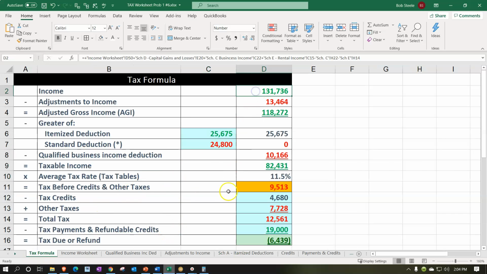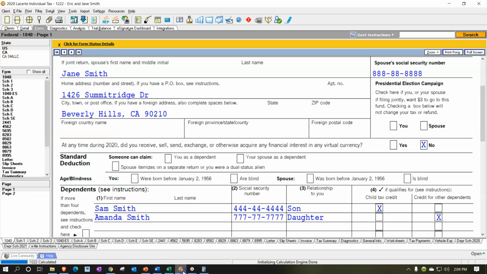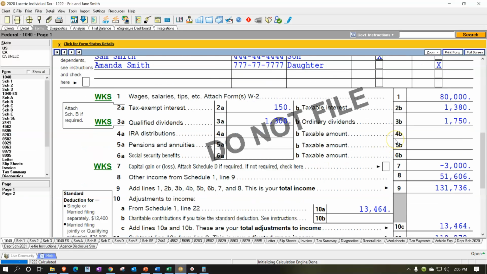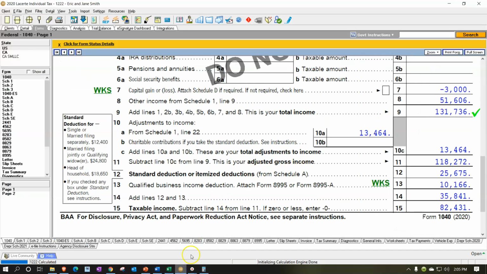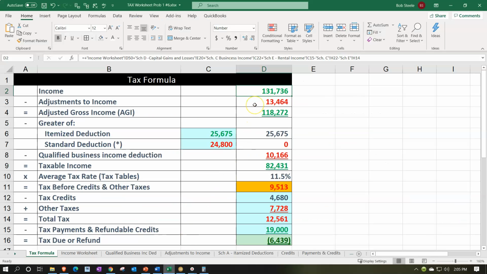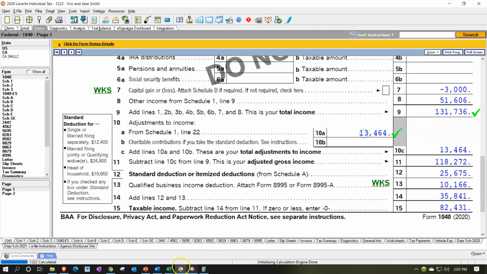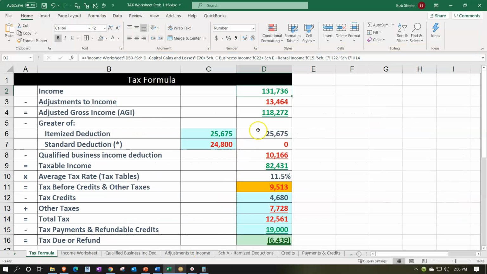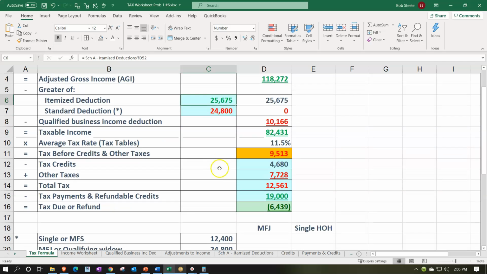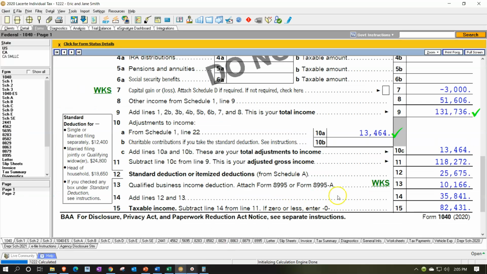We got the income, 131,736. So that's going to be tied in here, and that's total income, 131,736. We have then the 13,464 for the above the line deductions. We then have the 25,675 for the itemized deductions. That's where the change happened.